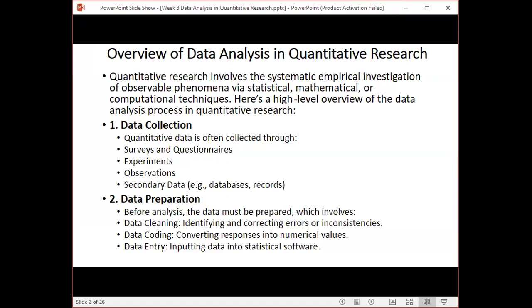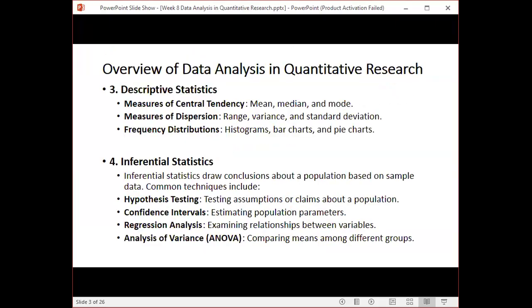So data cleaning, data coding, and data entry are all considered under data preparation. And after data preparation, you can decide to do descriptive statistics or inferential statistics as part of your analysis. So you are doing measures of central tendency: mean, median, mode.